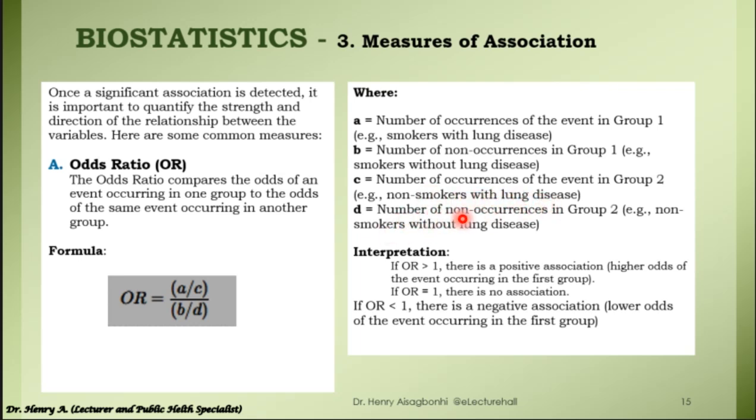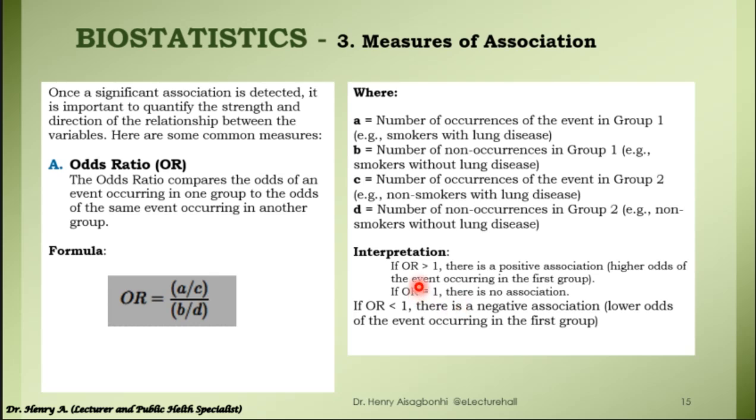Then D, number of non-occurrences in group 2. Are you seeing it now? C and D deal with group 2, the non-smokers. Very, very important. So you have A, B, then C, and D.